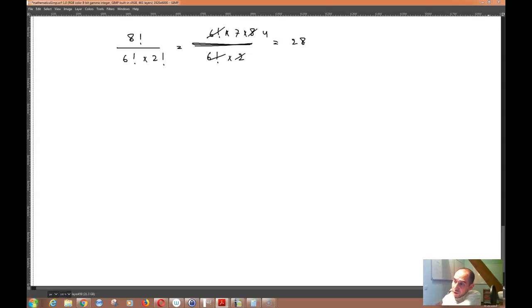And number 4 is you want to find x in an equation involving the factorial notation.